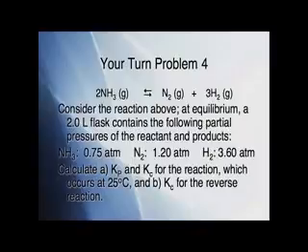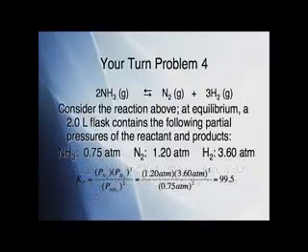Our goal is to calculate Kp and Kc for the reaction, which occurs at 25 degrees Celsius, and Kc for the reverse reaction. So at this point, go ahead and pause the podcast and work the problem, and I'll see you back here in a few minutes.